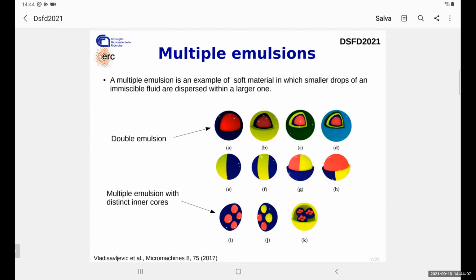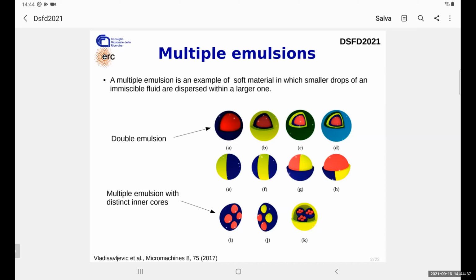There may also be more complex configurations in which you have alternating layers, 2, 3, 4 layers, and so on. But we are more interested in the example in the last picture of the figure, this multiple emulsion with distinct inner cores. The cores are basically the encapsulated droplets.